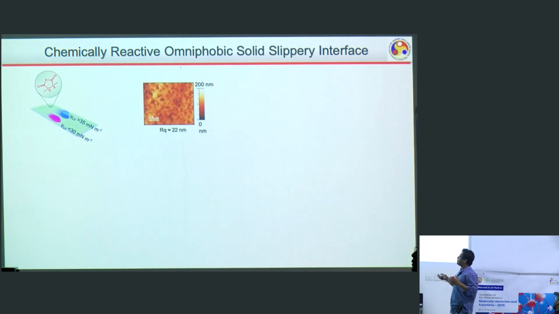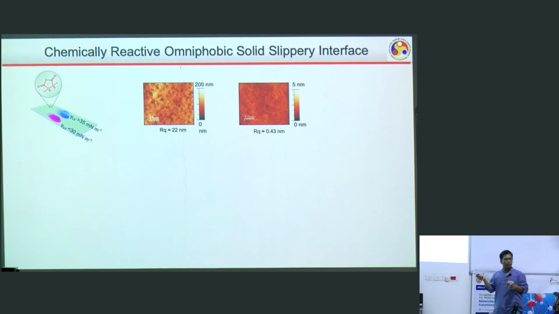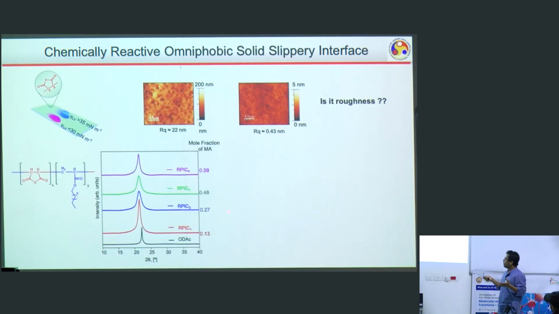Now, just by changing the mole fraction of the maleic anhydride and octadecyl acrylate, you can basically play with the roughness of this coating. Okay, resultant coating roughness you can play with, and you can maintain this crystallinity. Okay.